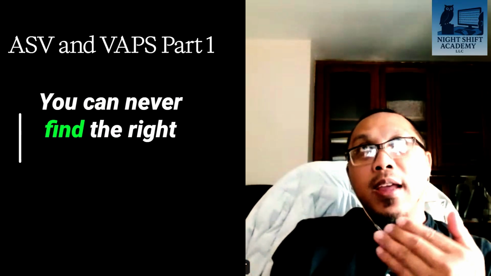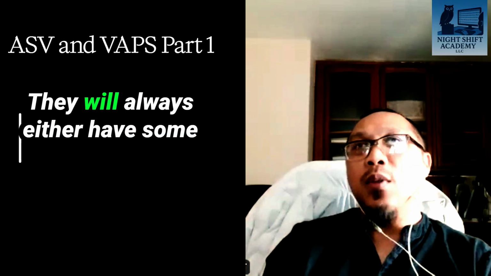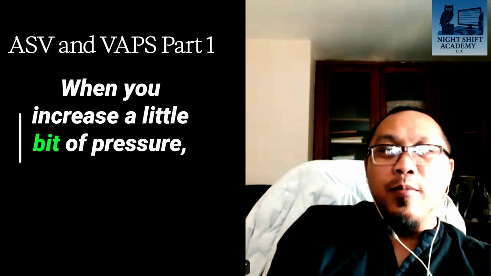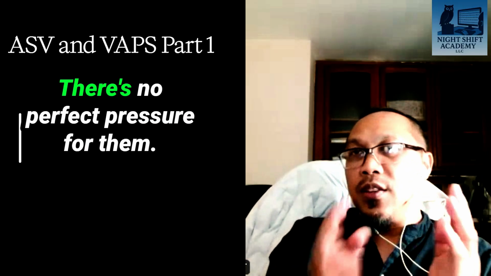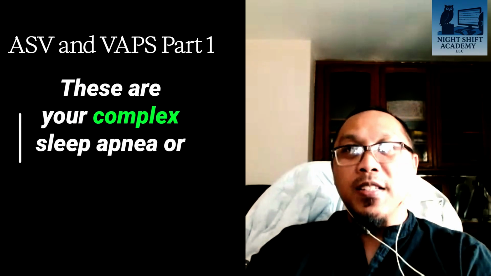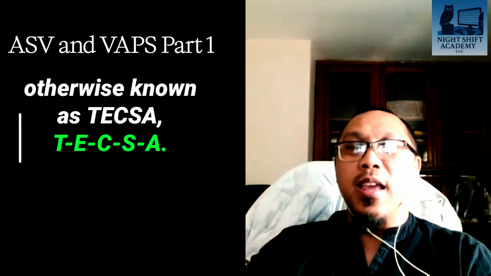You can never find the right setting for these patients in CPAP or ASV modes. You will not. They will always either have some more obstructive events, or when you increase a little bit of pressure, they turn into central. There's no perfect pressure for that. These are your complex sleep apnea, or otherwise known as TECSA.